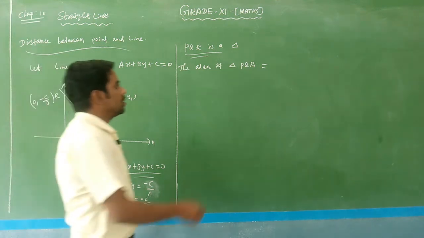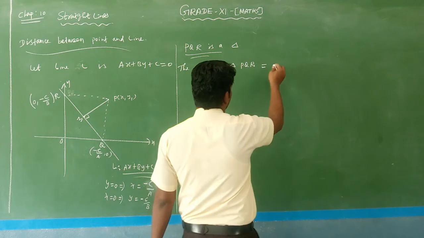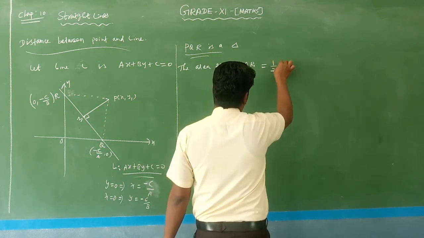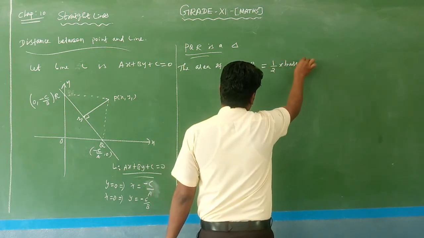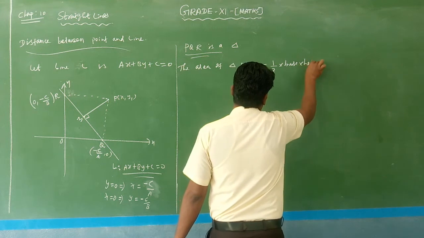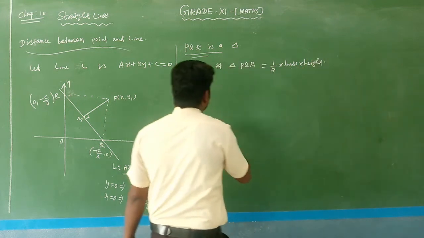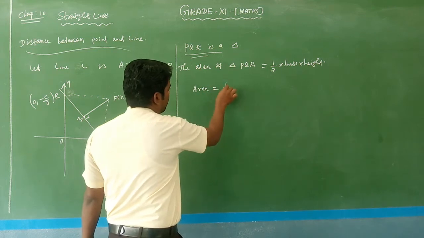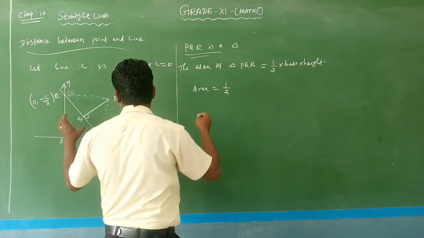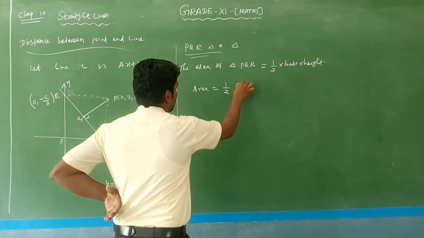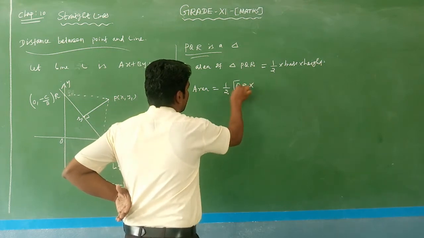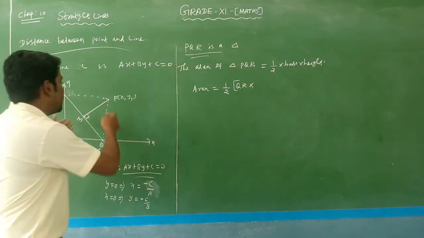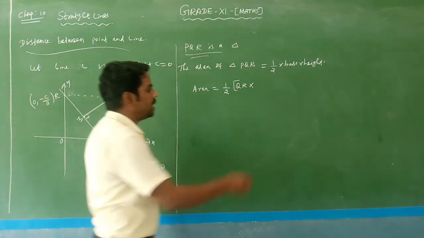So the area of triangle PQR is 1 by 2 into base into height, that is 1 by 2 into QR into PM.